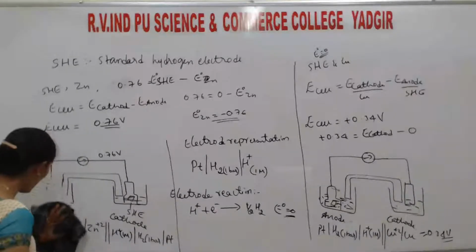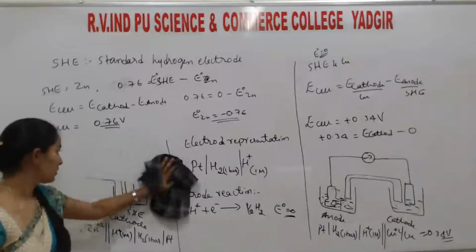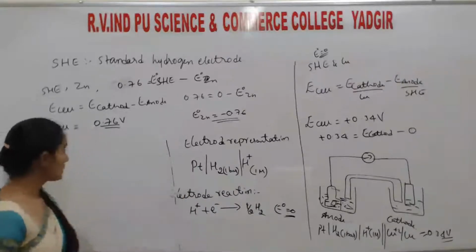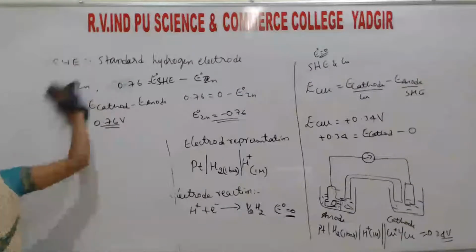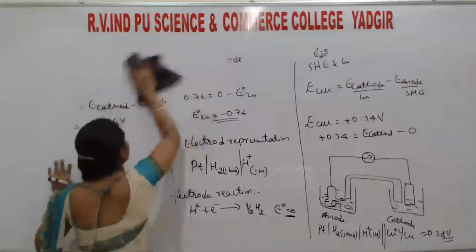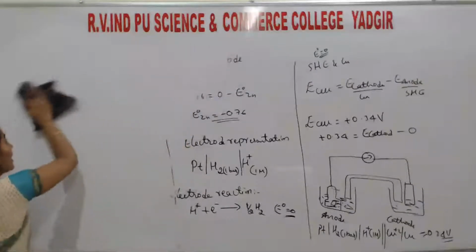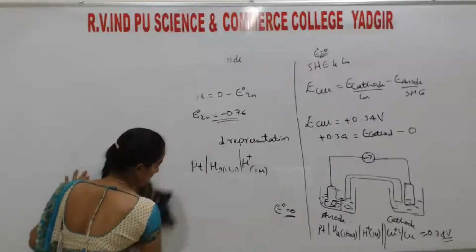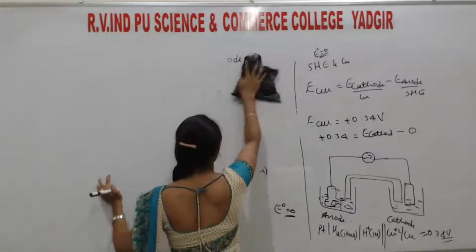So after finding out this electrode potential, as I told you, scientists introduced an equation which helps us identify and calculate the EMF of the cell by the effect of experiments, by the concentration and all.